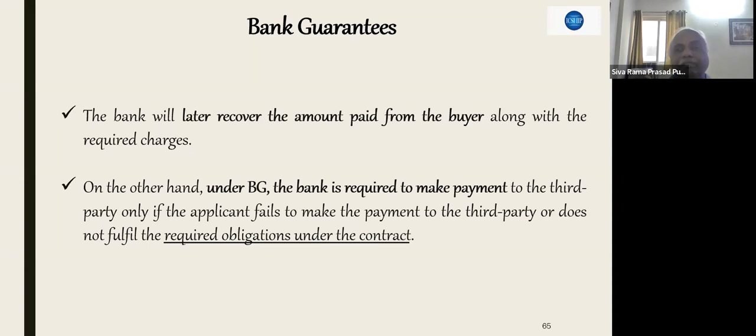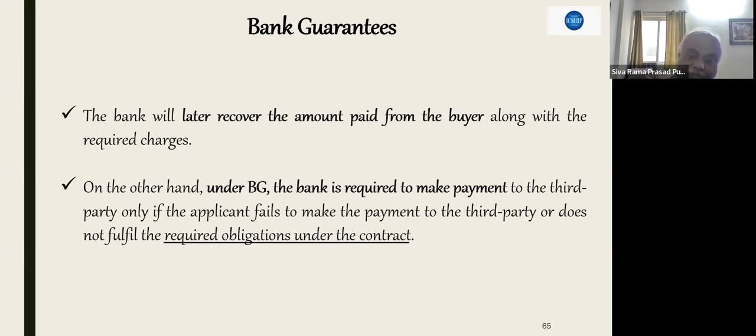On the other hand, a bank guarantee is required to make the payment to a particular third party only if the applicant fails to make the payment to the third party, or does not fulfill the required obligation under the contract. So at the start, I told you about the contractor. If the contractor did not complete and failed that particular agreement of 2 years, then whatever the loss is, that loss is to be paid by the banker.